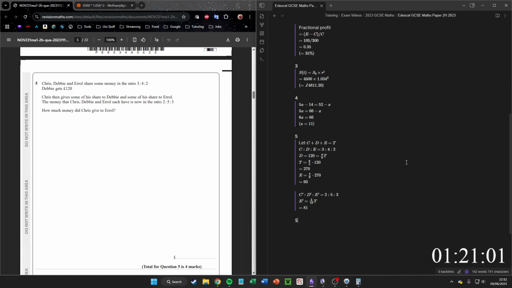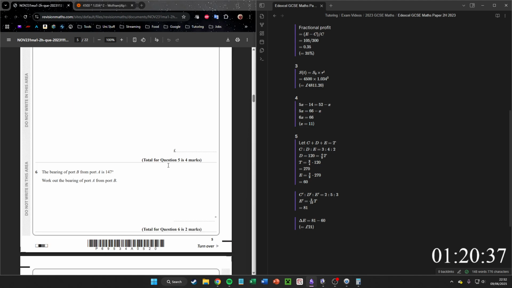And so we might say delta E, as in the amount of money that Errol has gained, is equal to 81 subtract 60, which is equal to 21. I will final answer that. And I'll put the pounds there. It's probably good advice if you're taking an exam like this to have that pounds involved the whole way, but maybe that will lose me marks, who knows.